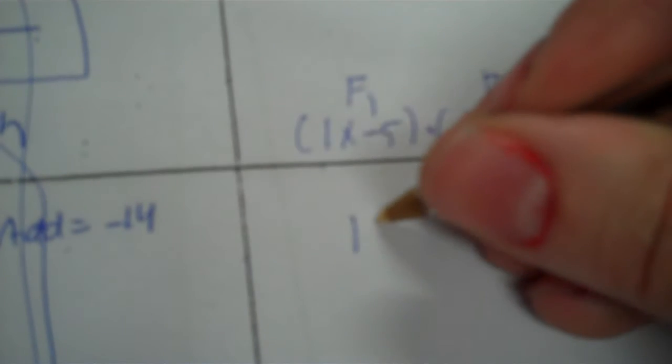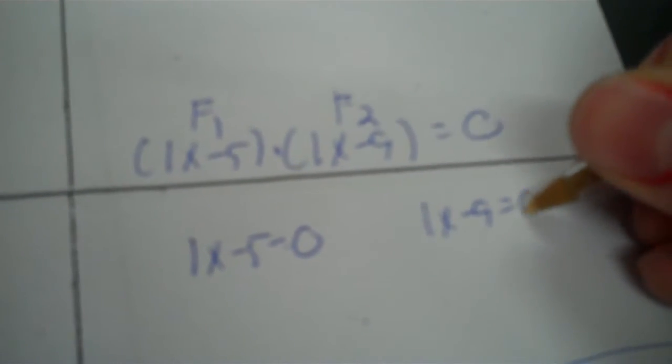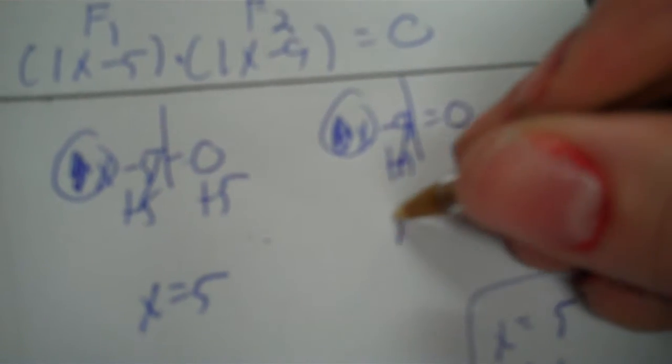So 1x minus 5 could equal 0, or 1x minus 9 could equal 0. Take out your 1, you plus 5. 0 plus 5 is 5. X would equal 5. Take your 1 off, plus 9, and x would equal 9. 5 and 9.